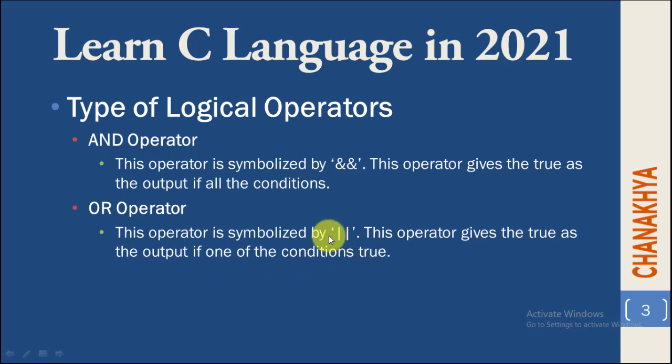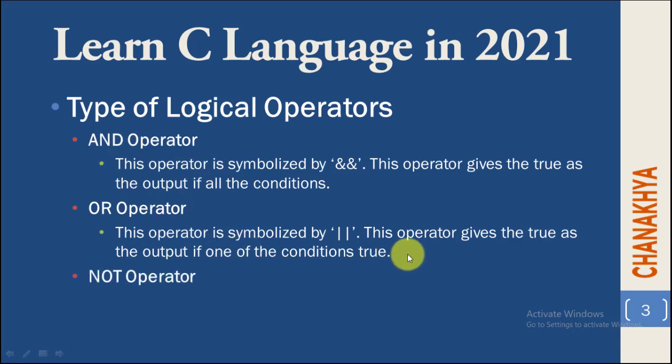Here we write one condition to the left hand side of this operator and another condition to the right hand side, and this will return false only if both the conditions on the left hand side and right hand side are false. If one of the values on either side is true, then this operator will return true. It's absolutely opposite to the AND operator.